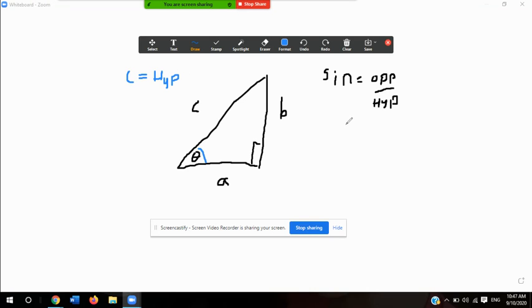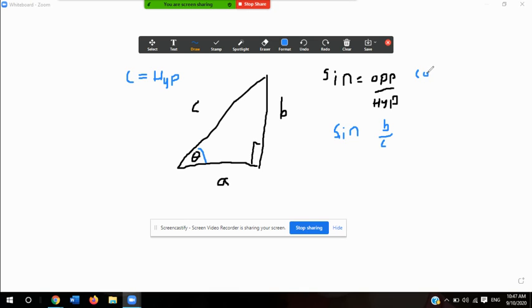So the ratio for sine, in this case, is B over C. Opposite, because it's the farthest side from the angle, and C, because it's the hypotenuse. Next, we have cosine.